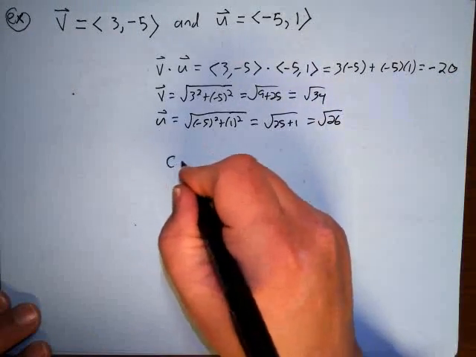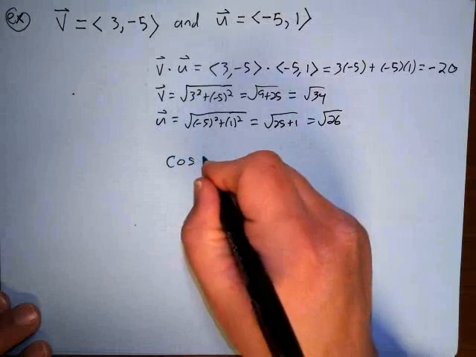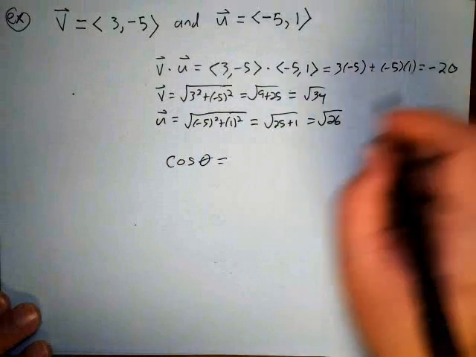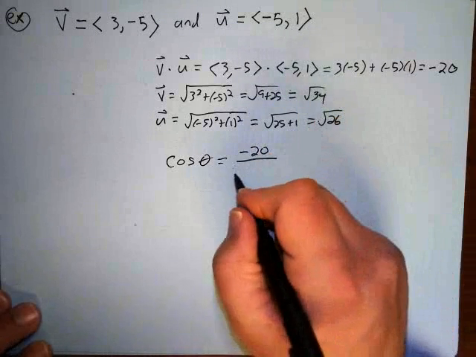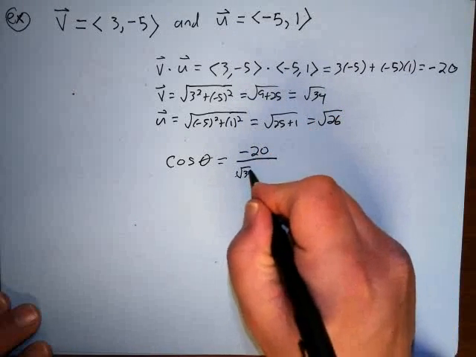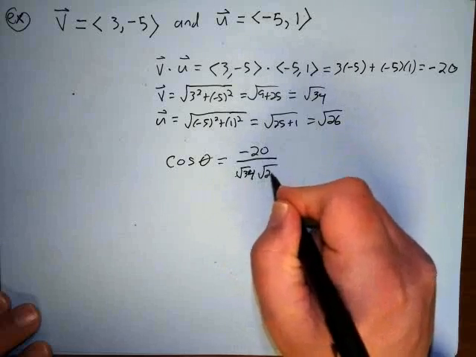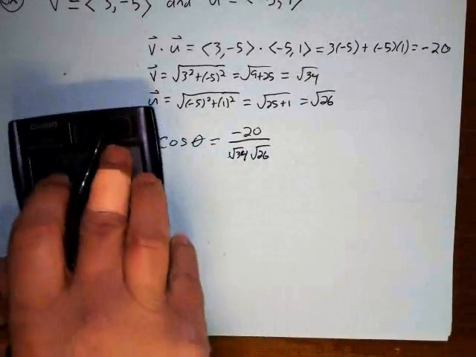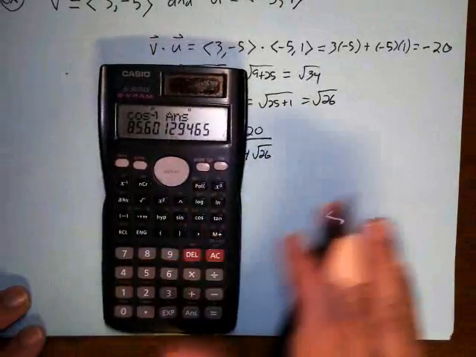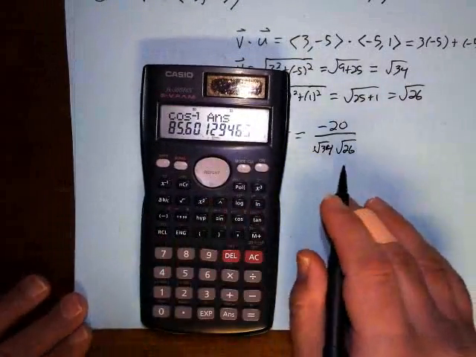Okay, so now I can just set up that cosine theta is equal to the dot product, which is negative 20, over the product of the two magnitudes, square root of 34 times square root of 26. And now I'll calculate this here.